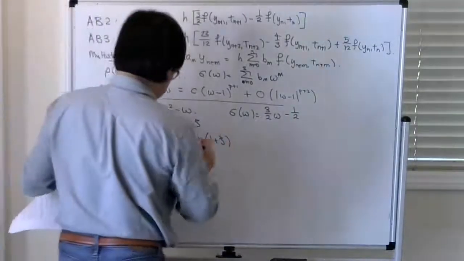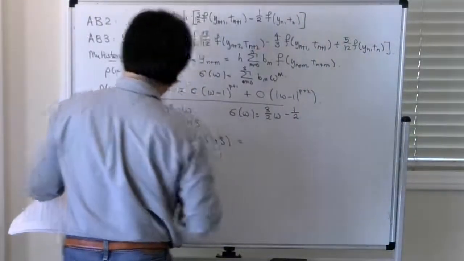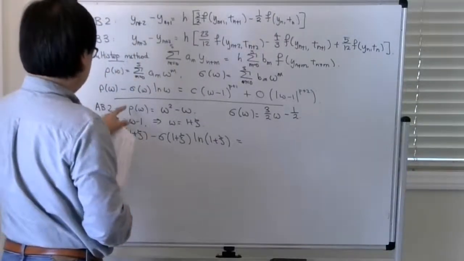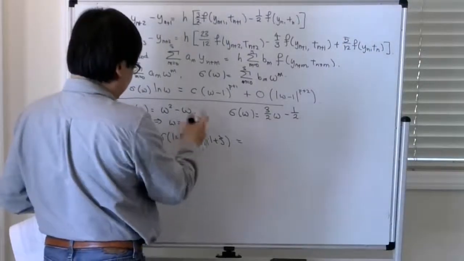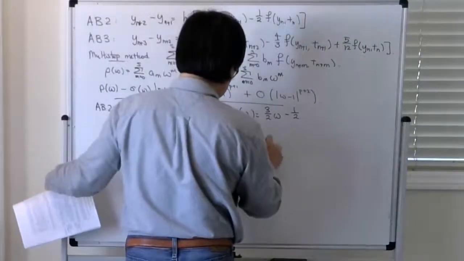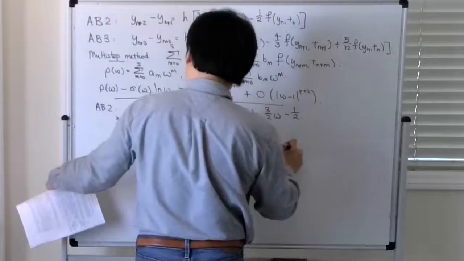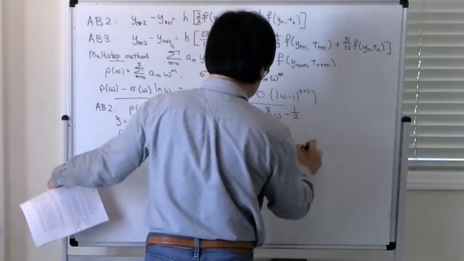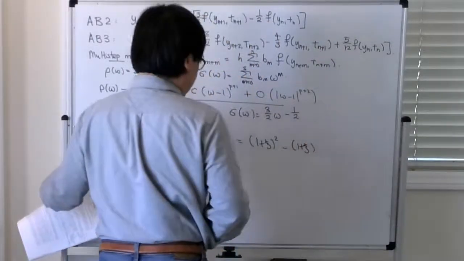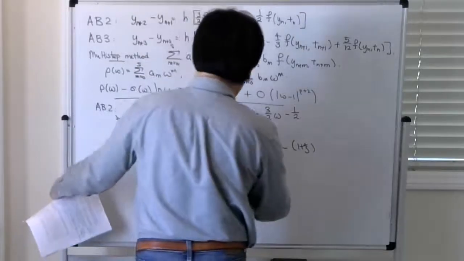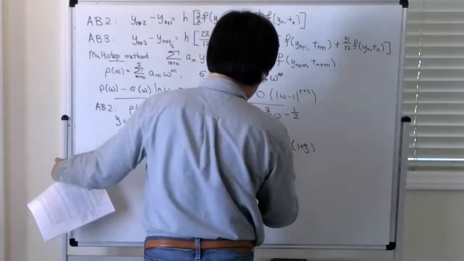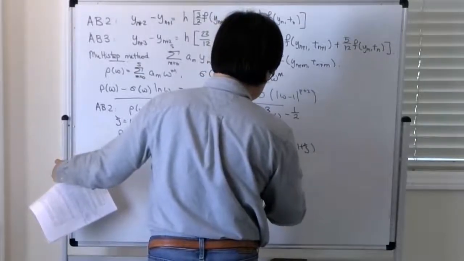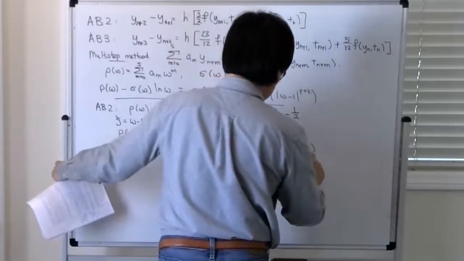All right, so let's see what you get here. Rho is w squared minus w. I'm writing down w as 1 plus c. So this is (1 plus c) squared minus (1 plus c), minus sigma, which is 3/2 (1 plus c) minus 1/2.